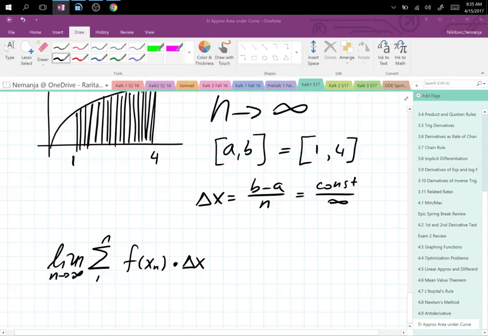So now what you got here is what we call the Riemann sum, which in short is written as the integral from a to b of f of x dx. dx is the same as delta x.